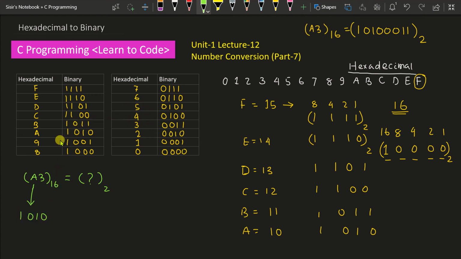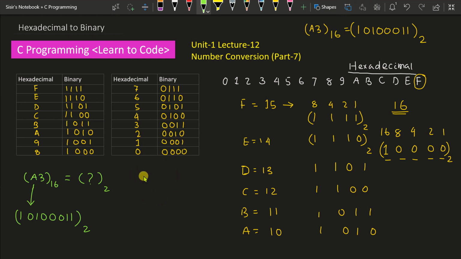And for 3, it gives 0 0 1 1. Now you can see the binary equivalent of A3 is 1 0 1 0 0 0 1 1. Right? So it is now very easy to convert any given hexadecimal number to its corresponding binary number.